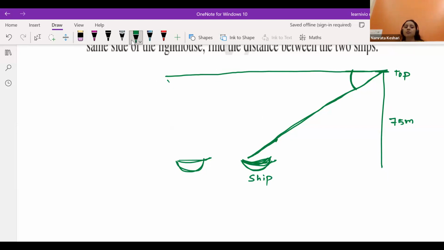Now there is one more angle of depression for the other ship also. So let's use a different color, from the same top.